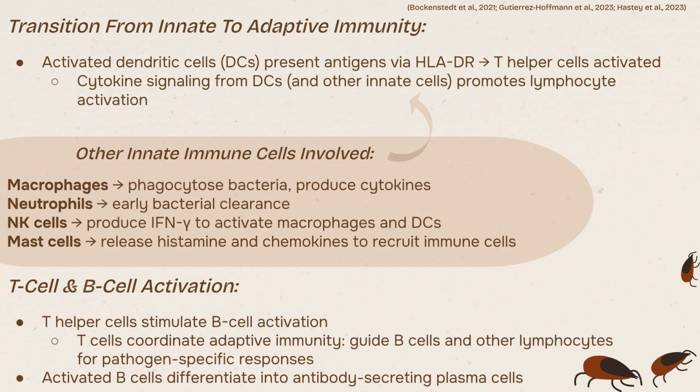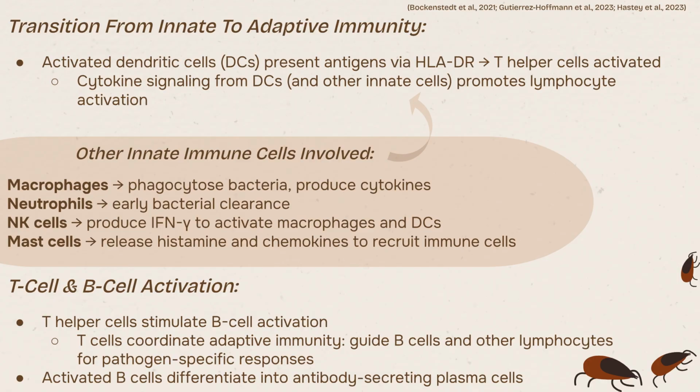After activation, dendritic cells process and present bacterial antigens on HLA-DR molecules to T helper cells. At the same time, cytokines released by dendritic cells and other innate immune cells help promote activation of lymphocytes. Other innate immune cells involved during this stage are macrophages, which help by phagocytosing bacteria and releasing inflammatory cytokines.